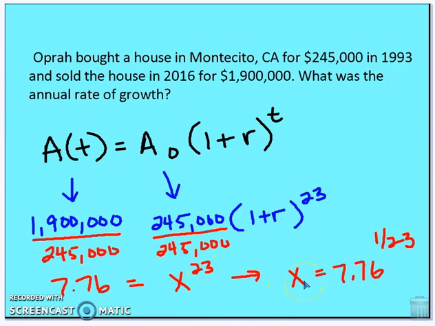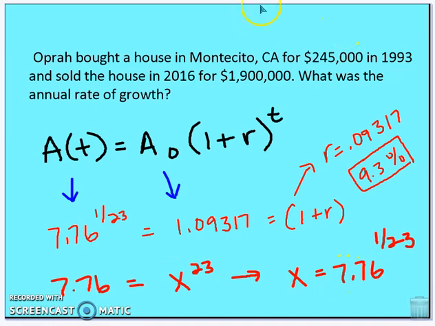I can take the 23rd root of both sides and end up with x is equal to 7.76 to 1 over 23, which is the same as 1.09317. 1 plus r is equal to that value, so I can find that r is equal to 0.09317, or 9.3%. So we see that Oprah's house appreciated at an annual rate of 9.3% per year over the 23-year period.